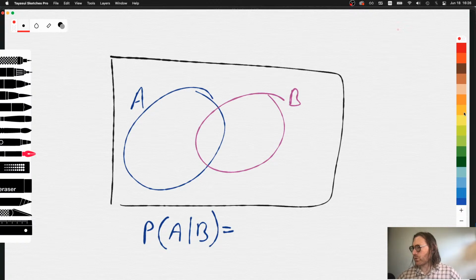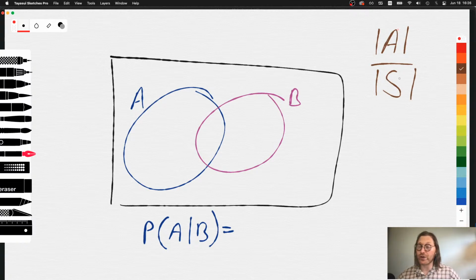If we're going back to our idea of the cardinality of A over the cardinality of S, in this case, that doesn't yield the probability we're looking for.